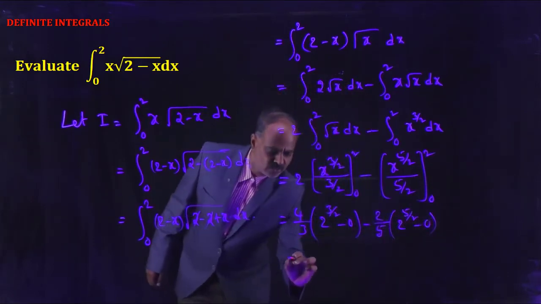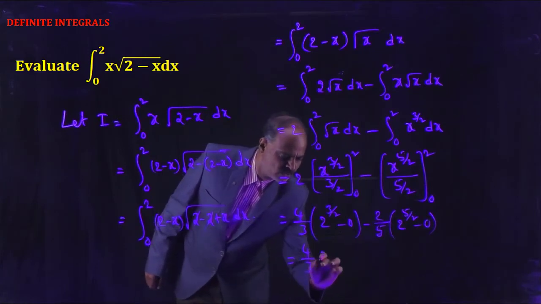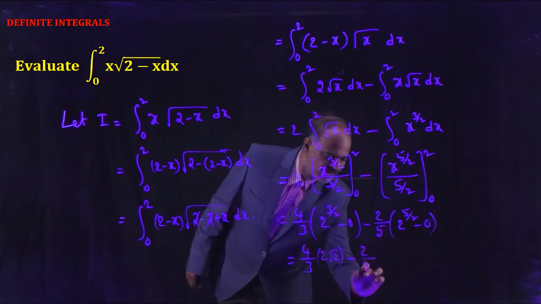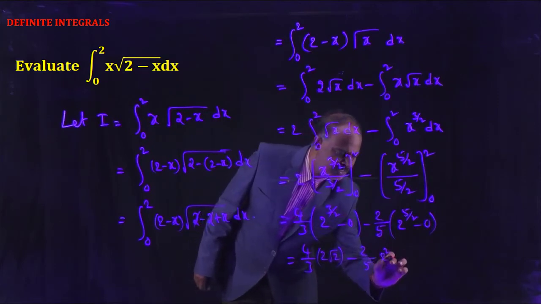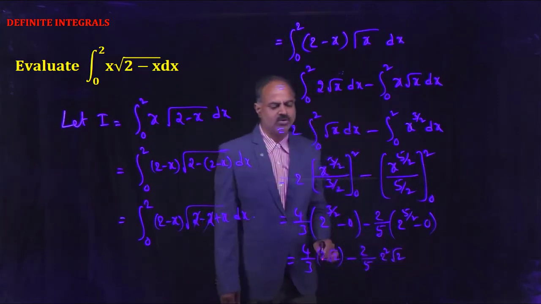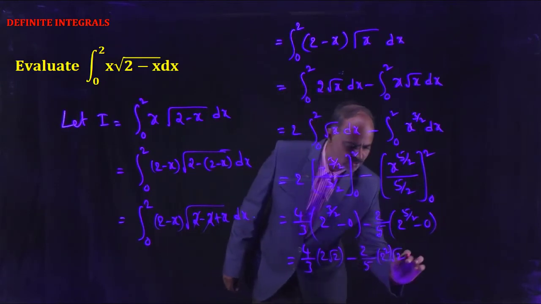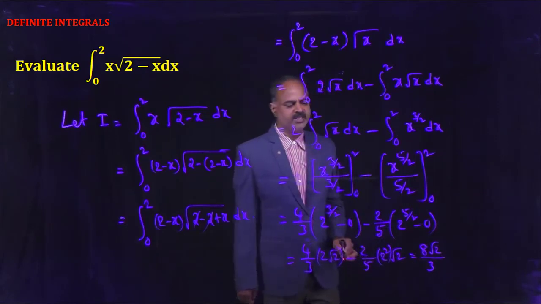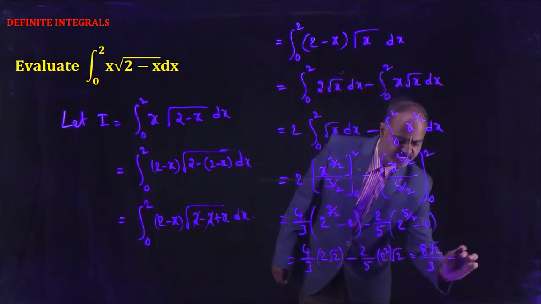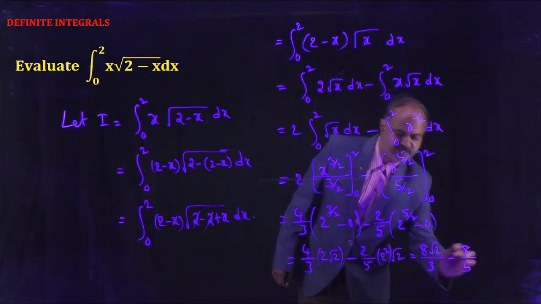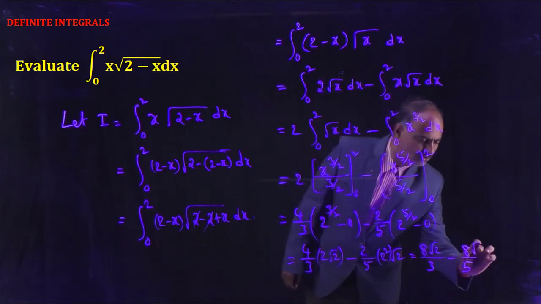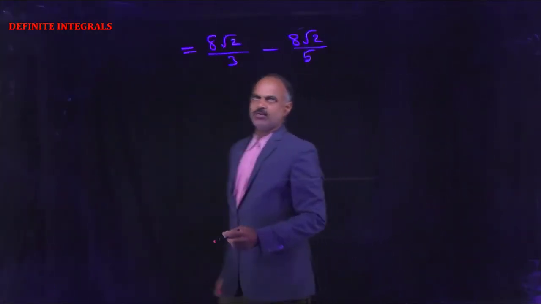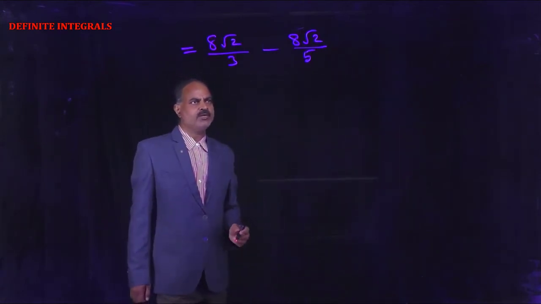Now this is equal to 4 by 3 into 2 root 2 minus 2 by 5 into 2 square into root 2. Now this is equal to 8 root 2 by 3 minus 8 by 5 into root 2, that is 8 root 2 by 3 minus 8 root 2 by 5.